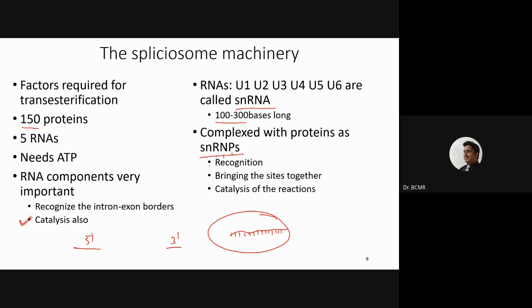Okay. So they are involved in recognition. They bring the different sites together. The RNA splice site, say for example the 5' splice site, should come to the branch point A. How does it bend and bring these two sites together? That's again done by these components. And also they're involved in catalysis of the reaction.